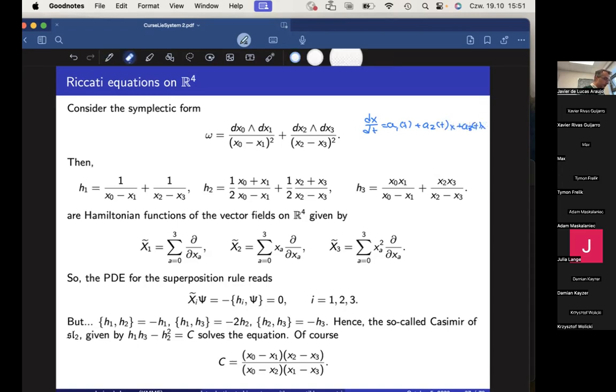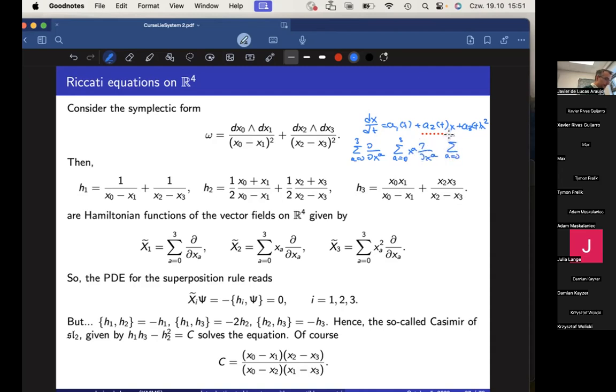Sorry, this is not free, this is equal to. Let me recall that we have something of this. We were working out integrals of motion, constants of motion, for the following vector fields.